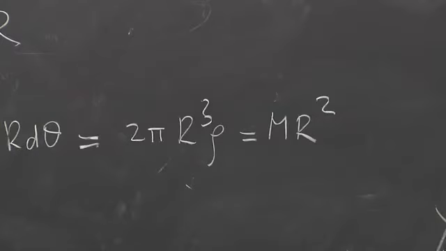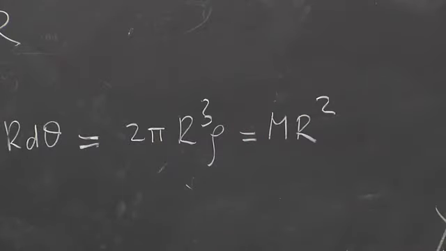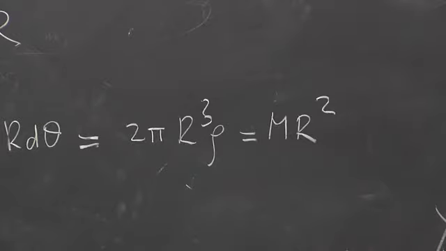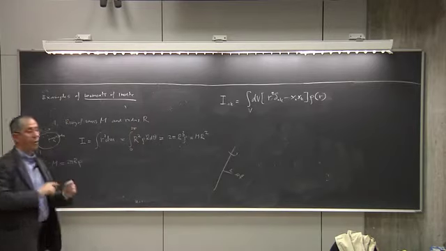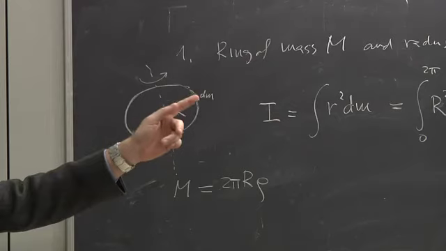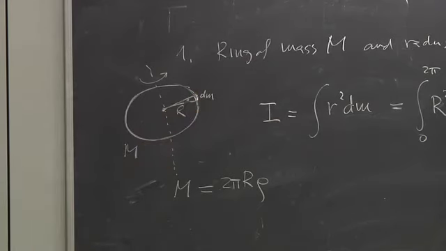So if you go back and you want to compute the kinetic energy, remember the kinetic energy was 1/2 I omega square. So the kinetic energy of this object, when it's rotating about this axis that is orthogonal to the plane of this, is just 1/2 mr square omega square, if you ever wonder.